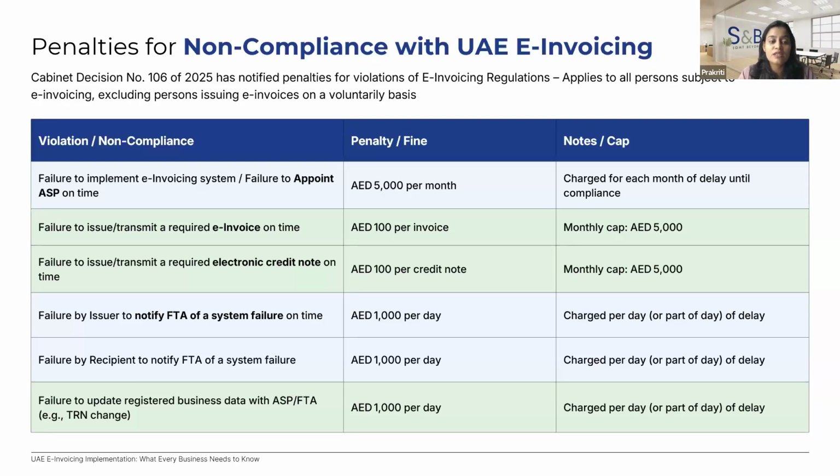And if there is a failure to notify the FTA within the timeline, again, there is a penal implication. And if there is any change in the business data that is not informed to the FTA, in that case as well, there are penal implications.